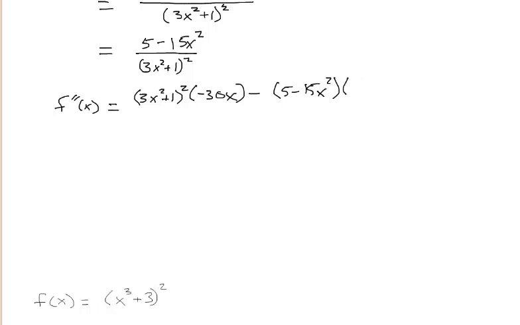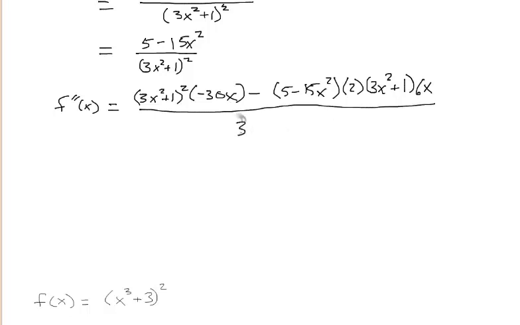So we multiply the two down, rewrite what's inside the parentheses, subtract 1 from the exponent, so it's raised to the first power, and now times the derivative of the inside, which is 6x, all divided by 3x squared plus 1 squared, and then squared again.